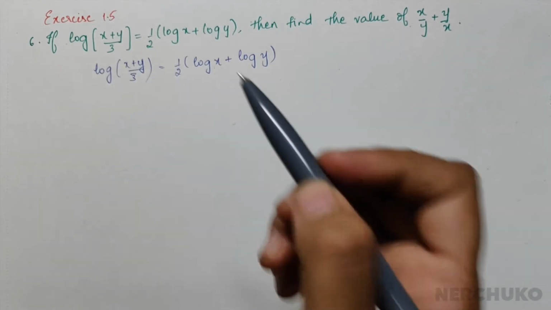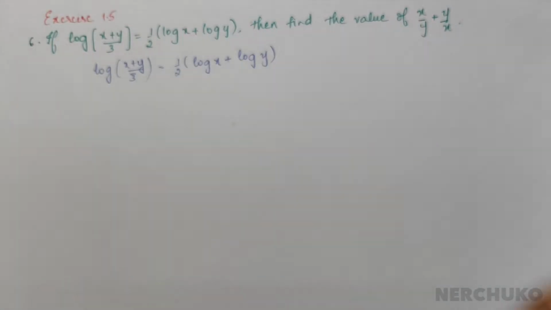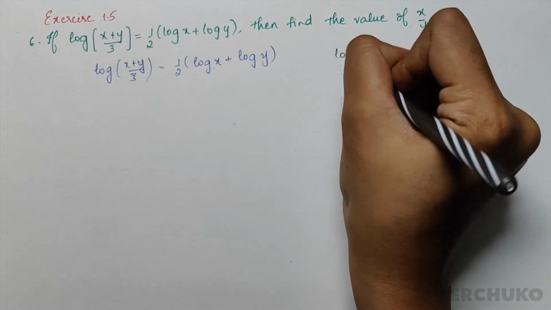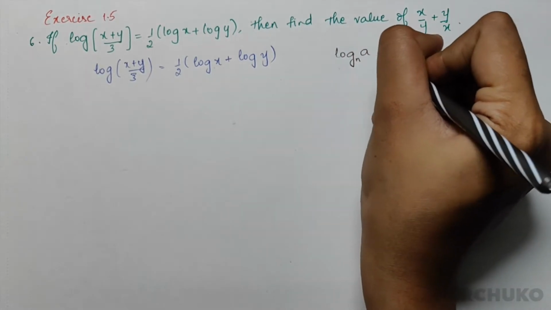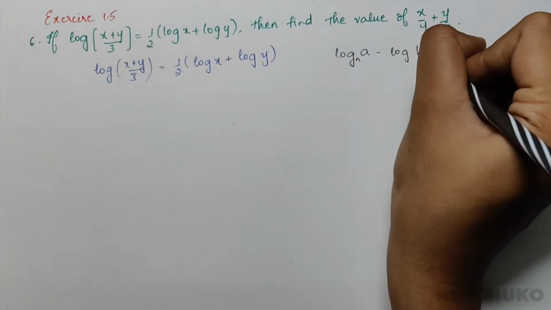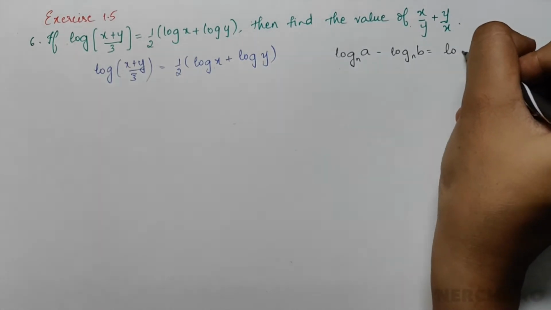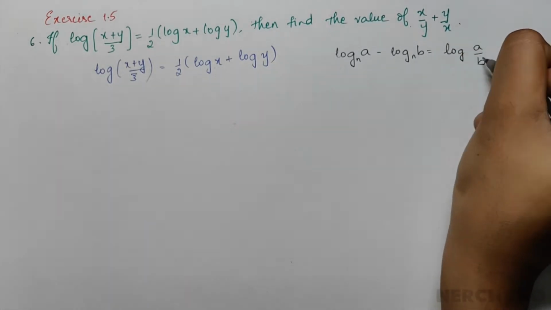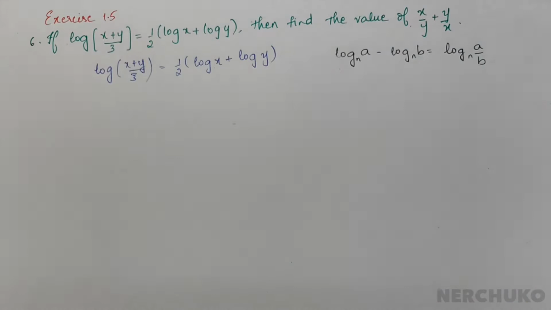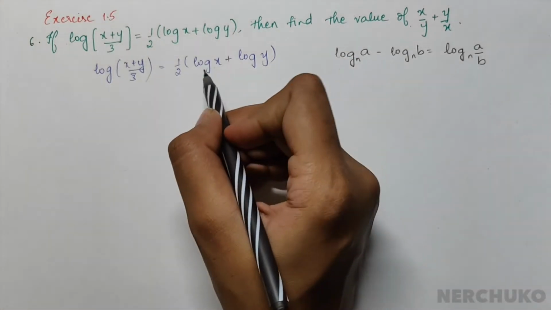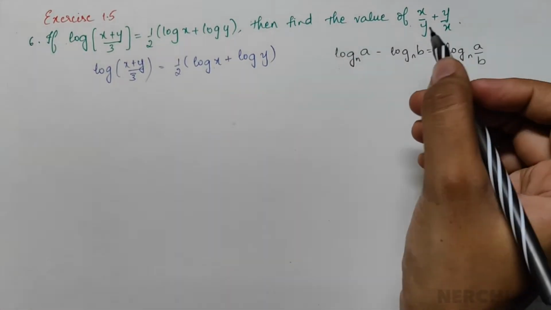Now, in order to solve LHS, I will use this formula: log of a to base n minus log b to base n is equal to log of a divided by b to base n. And also, to solve the right hand side, I will use the distributive formula.